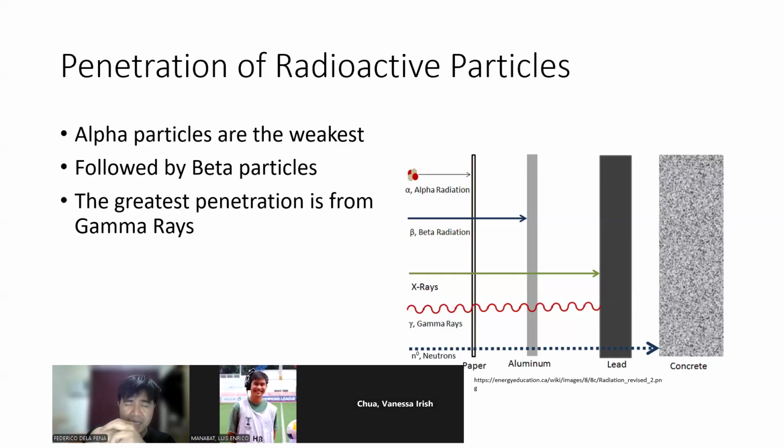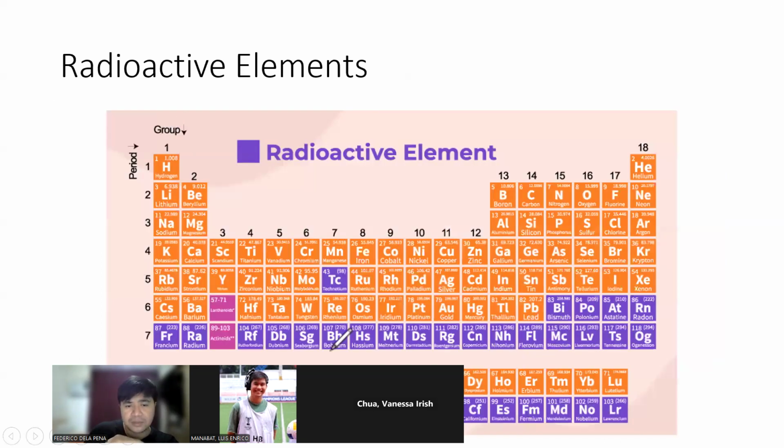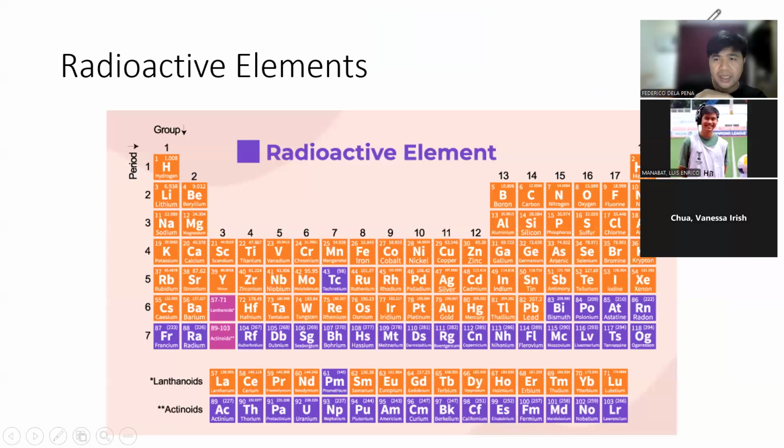This is useful for agriculture if you're trying to map out different kinds of soils. Again, clays are usually associated with potassium feldspars, so clays generally tend to be more radioactive than other types of soil. And these are just the different radioactive elements, the purple ones.